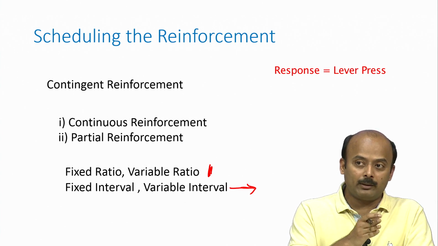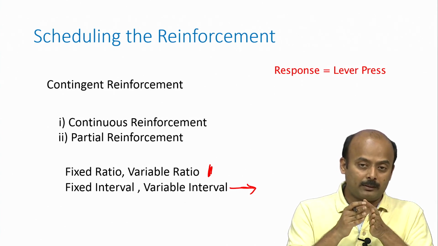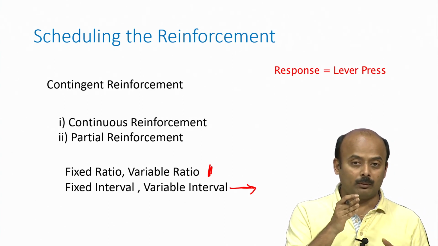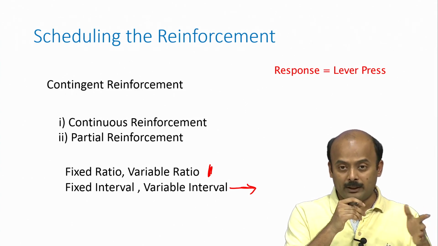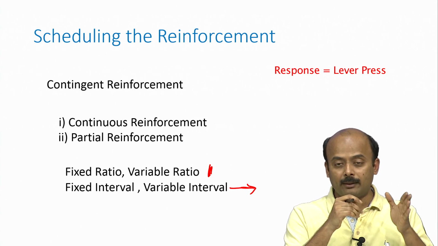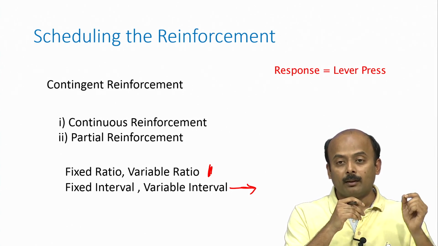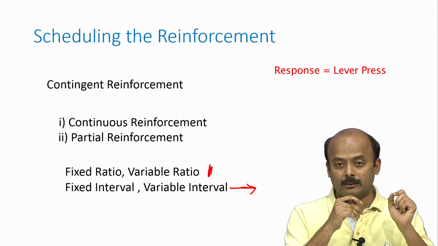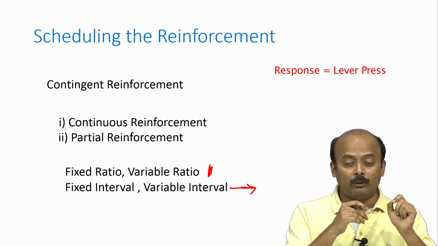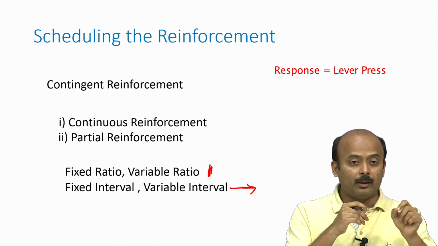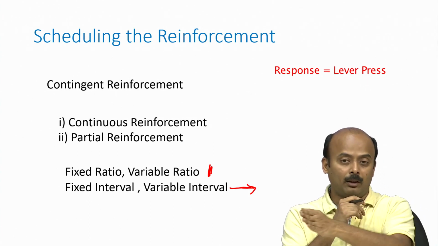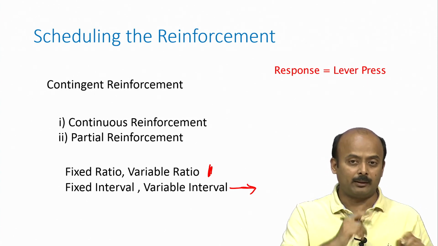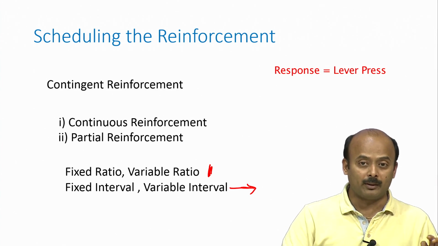If I were to present at a fixed interval, you would fix a time t, and after this time t you are going to provide this reinforcement. However, you have to understand, in order to get that reinforcement at that instance and later on, the animal has to respond. Let me repeat it again.